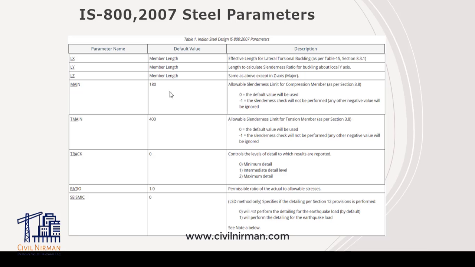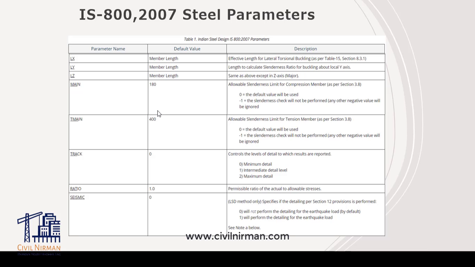By default the value is 180 for compression, and for TMAIN the default limit is 400. Sometimes we want to use the default values, that's 180 and 400. So in MAIN we can provide a value of 0 instead of any number, and by default STAAD will take its default values.